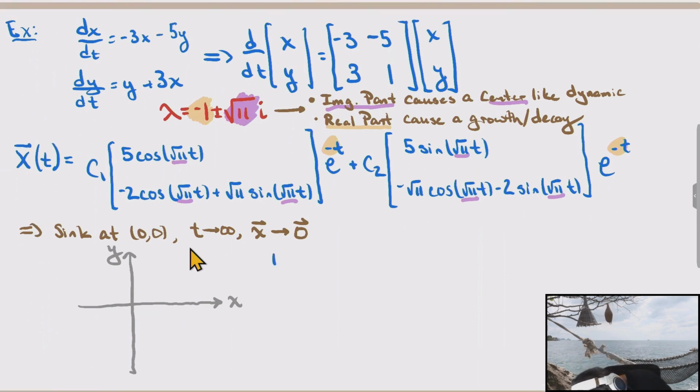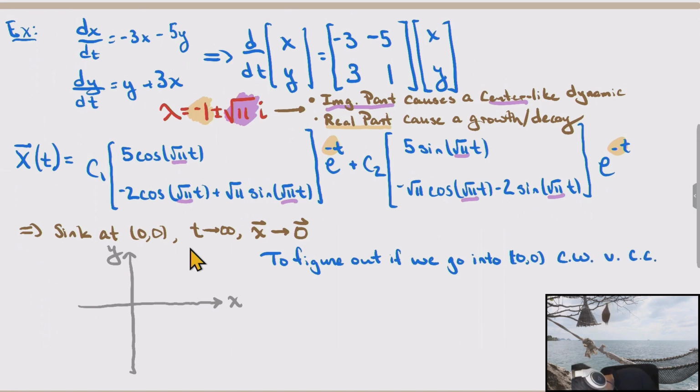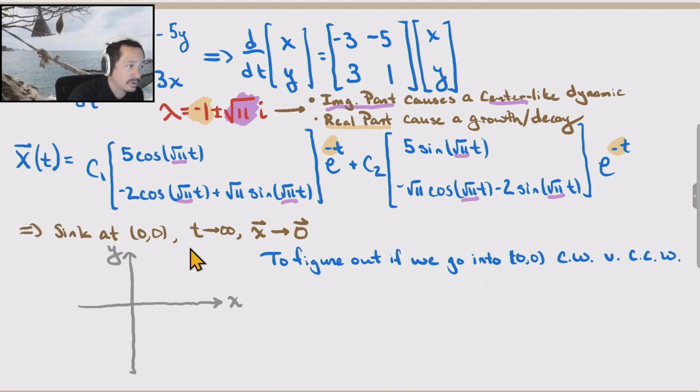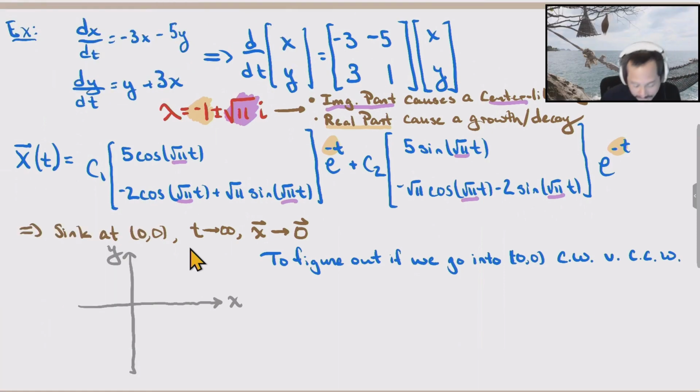So, to figure out if we go into 0, 0 clockwise versus counterclockwise, so those are abbreviations often used for clockwise and counterclockwise, we can test the field.